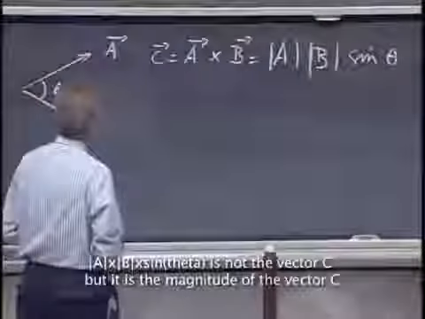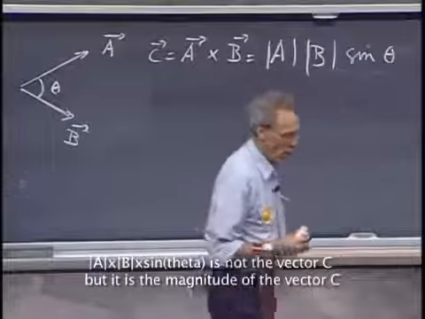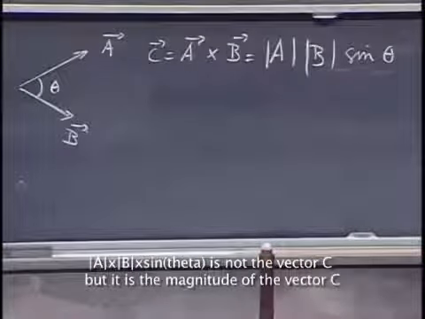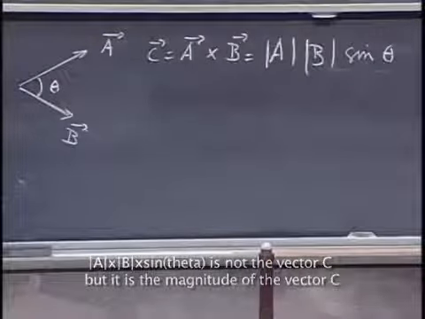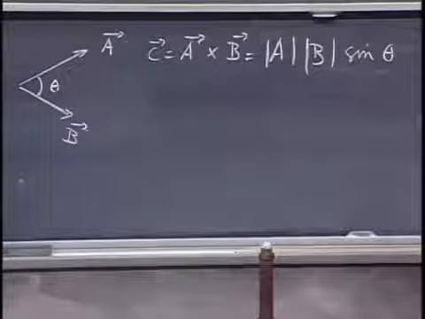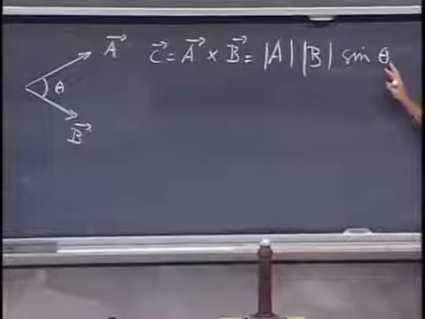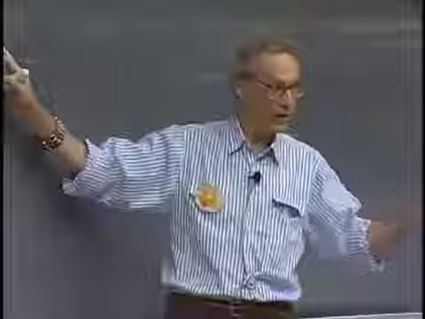Not the cosine of theta, as we had before with a dot product. It is the sine of theta. So you can already immediately see that this will be 0 if theta is either 0 degrees or 180 degrees, whereas the dot product was 0 when the angle between them was 90 degrees.